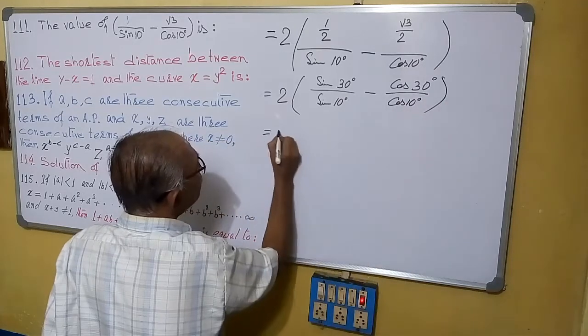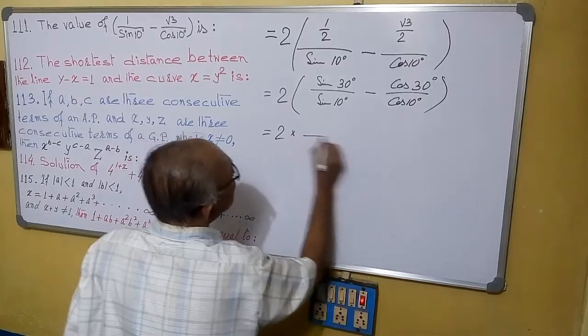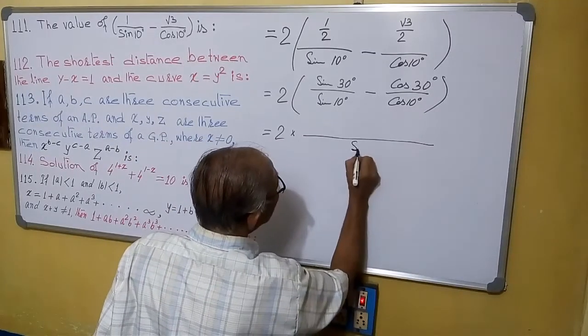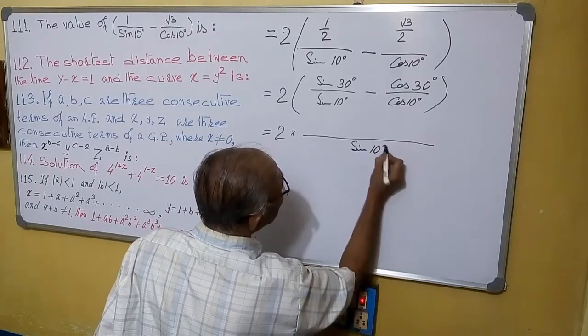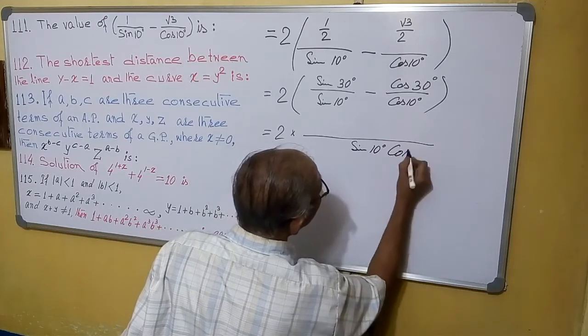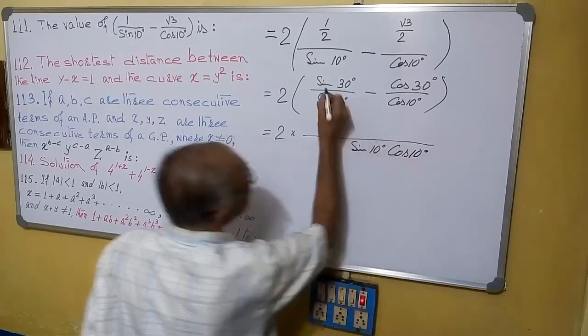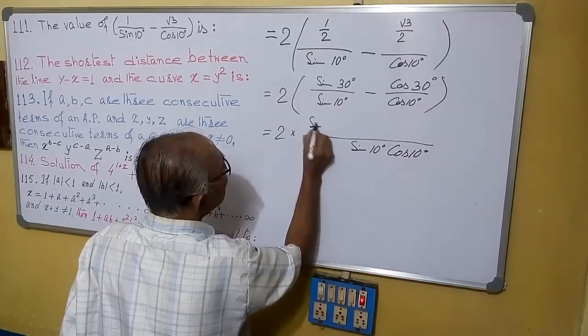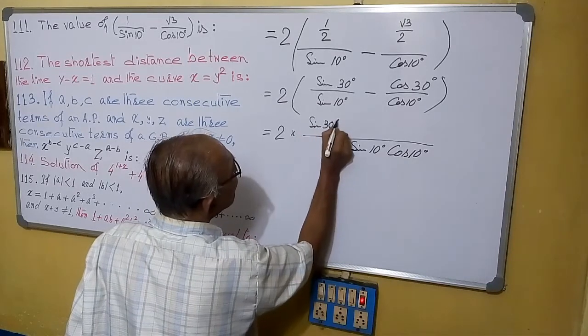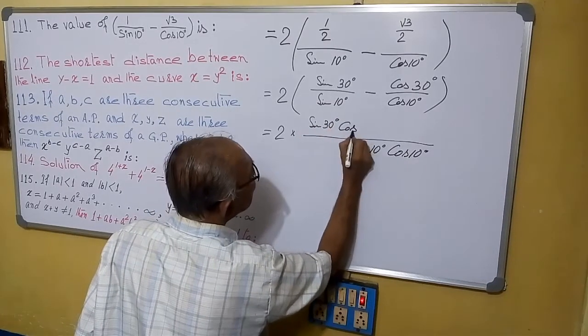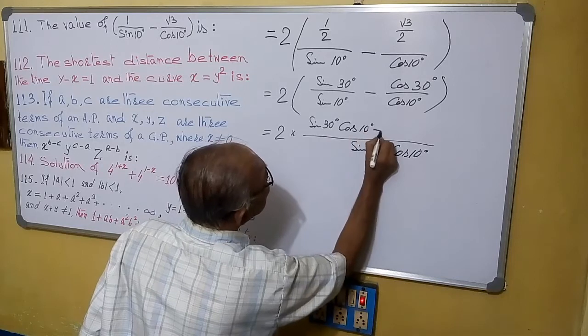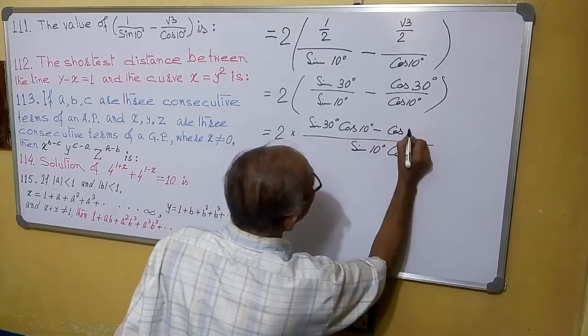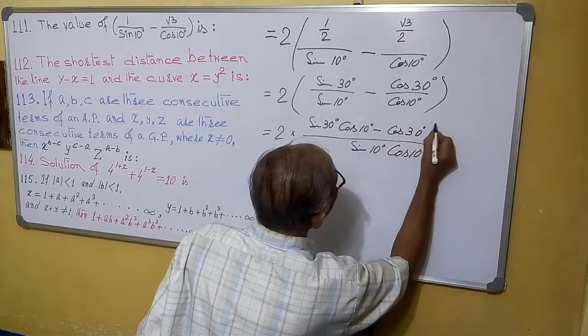This will be sin 10 into cos 10 in the denominator. Here it is coming sin 30 cos 10 minus cos 30 sin 10.